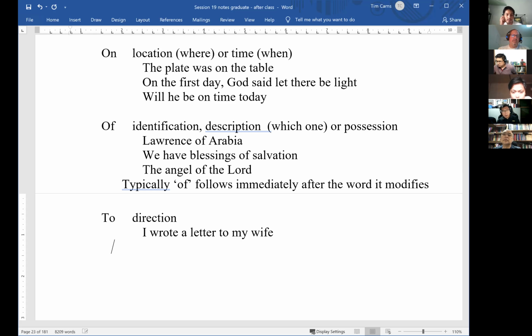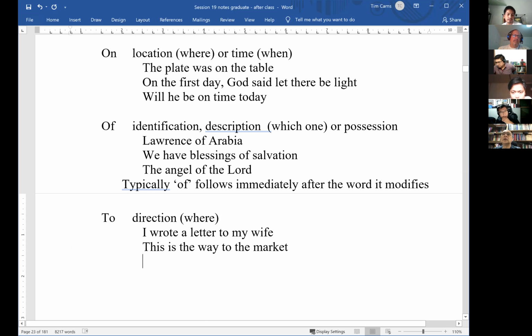Yeah, like for example, this is the way to the market. Okay, that's a direction, or where. Another example might be, I called her to give. No, let's see.